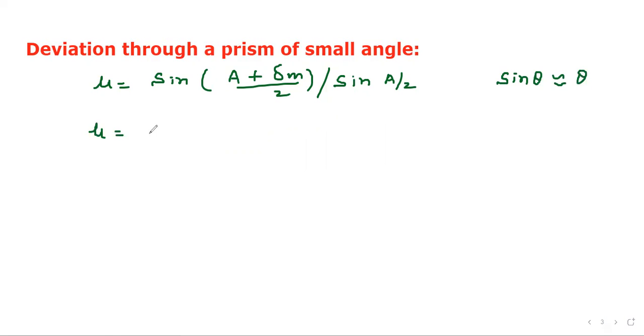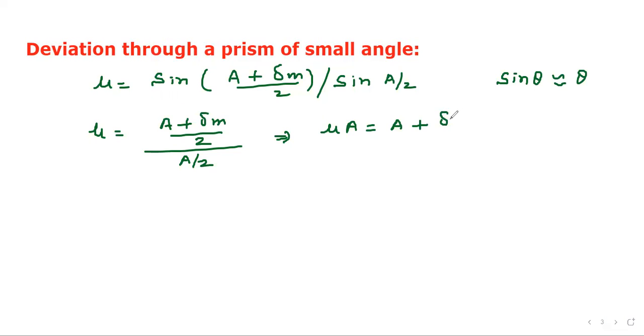So this will become mu equals A plus delta M divided by 2, whole divided by A by 2. So 2 will cancel out. So we will get mu A equals A plus delta.